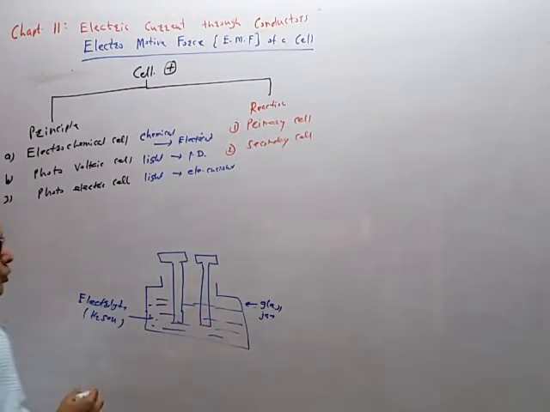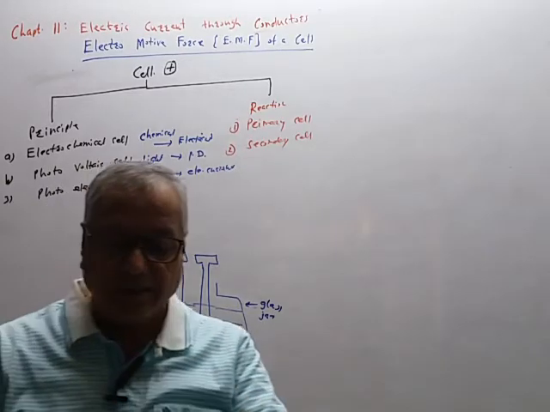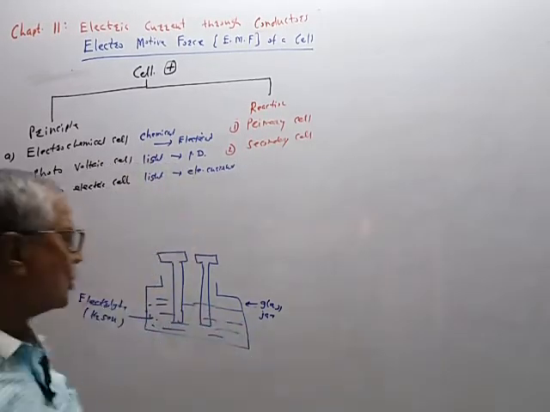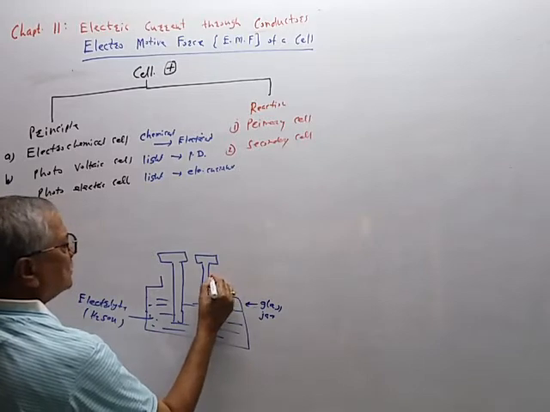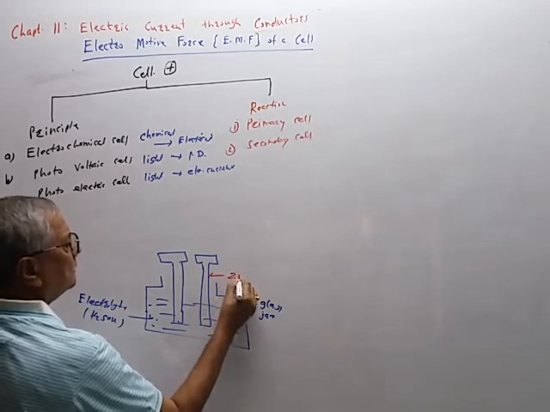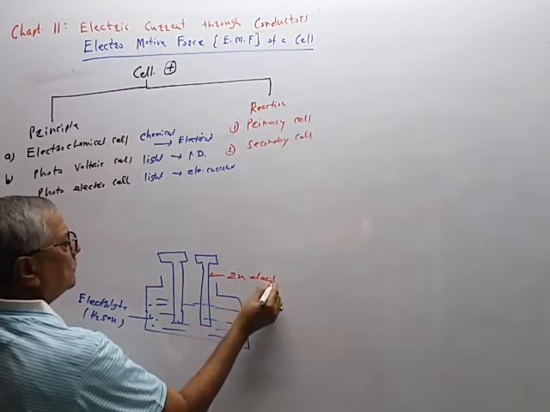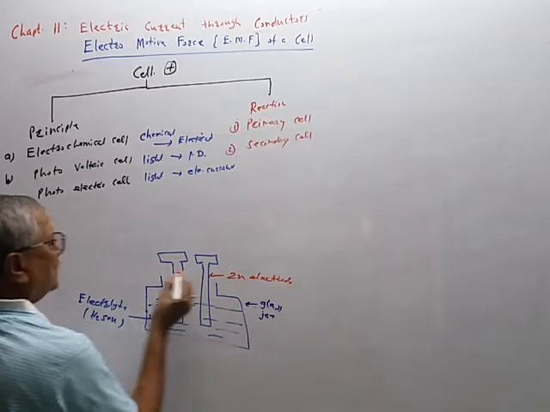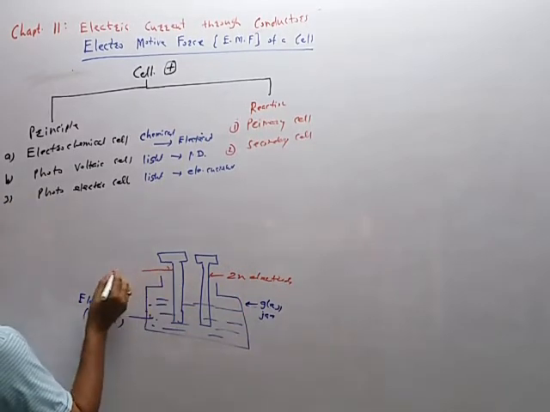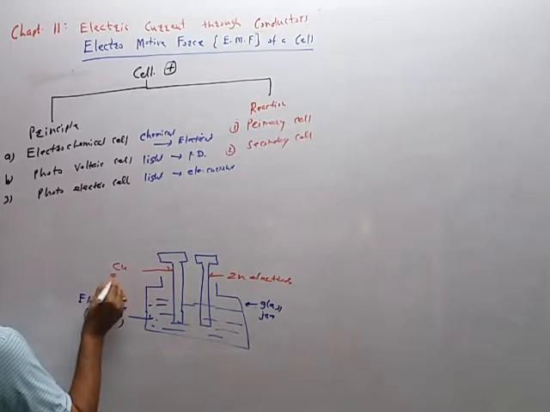One is a zinc electrode and the other is a copper electrode. This is say the zinc electrode, and this is say the copper electrode.